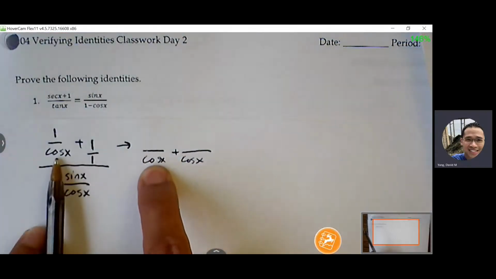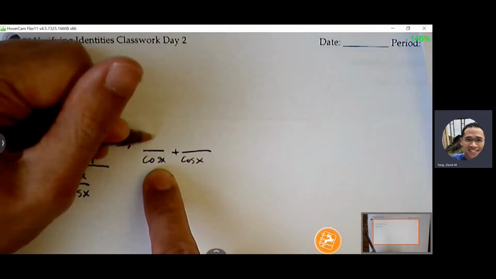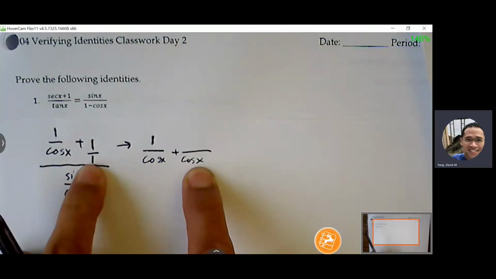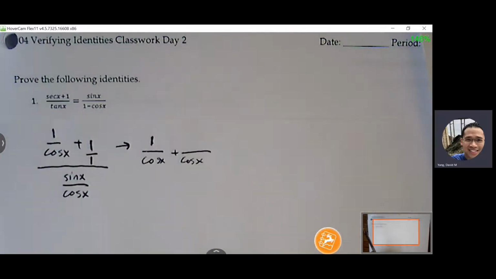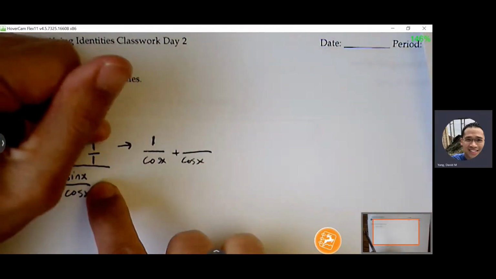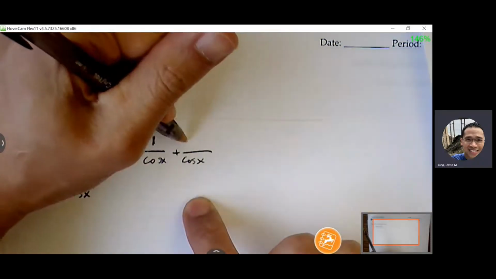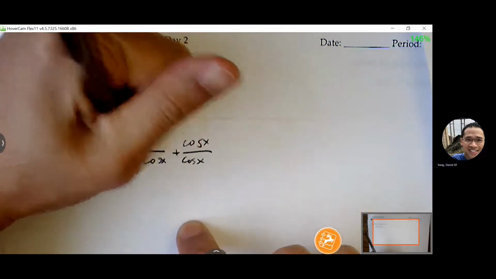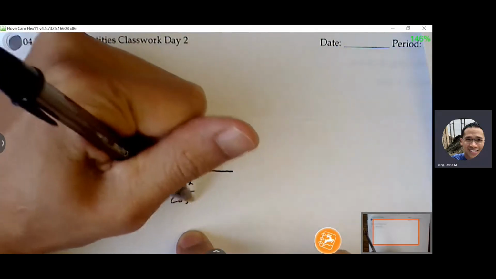Then we balance each of our fractions. This does not need any balancing, so we bring down the 1. This one, from old to new, is missing a cosine, so I need to multiply this numerator by cosine. So I'm left with 1 plus cosine of x all over sine x cosine x.